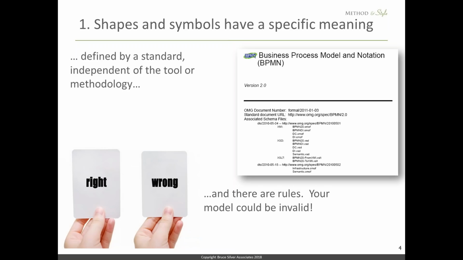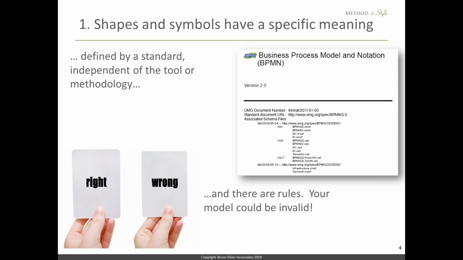The most important of which is this: in a flowchart, whether you use, let's say, PowerPoint or a Visio cross-functional flowchart, or even Visio with a free BPMN stencil that has the shapes, those are drawing tools.